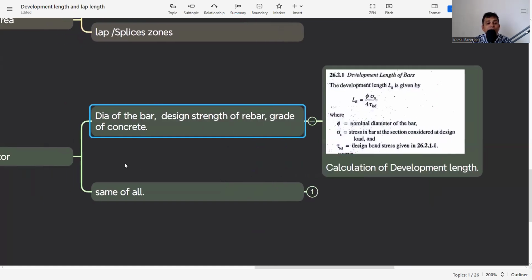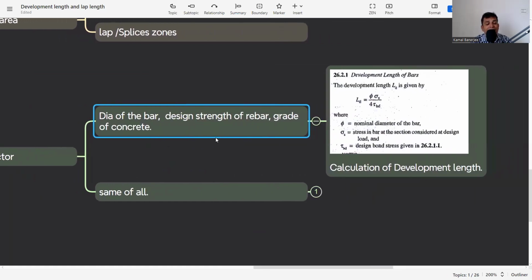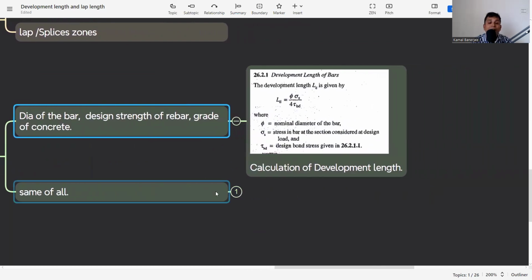Now what are the deciding factors for lap length or splices? They are the same: the diameter of the bar, the design strength of the rebar, the grade of concrete, and also the loading pattern. That means how the load is coming on the structure, and accordingly we find out the lap zone and the splices zone.